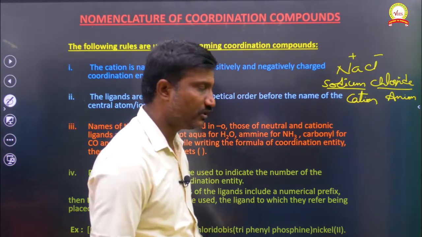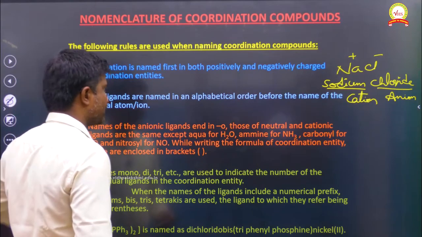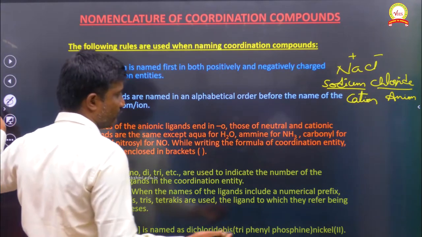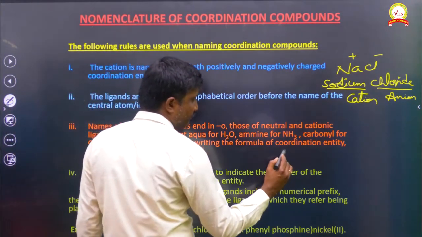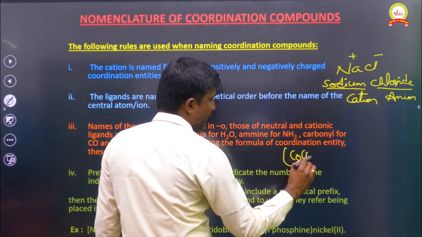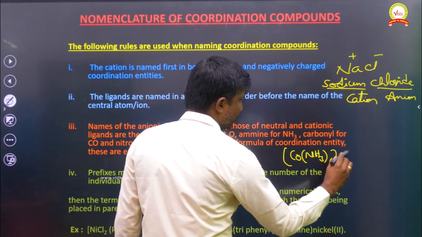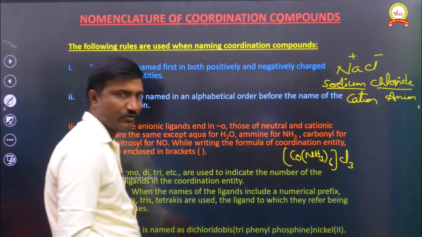Before discussing those rules, let us see two examples of complex compounds. What are those two examples? I am taking these two. [Co(NH3)6]Cl3 is one type of complex compound.